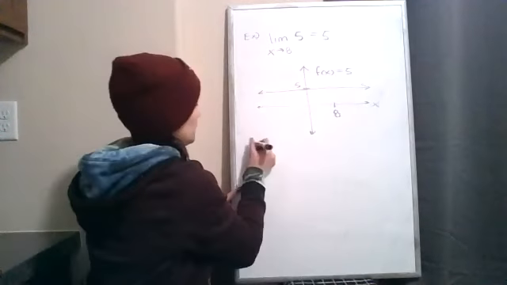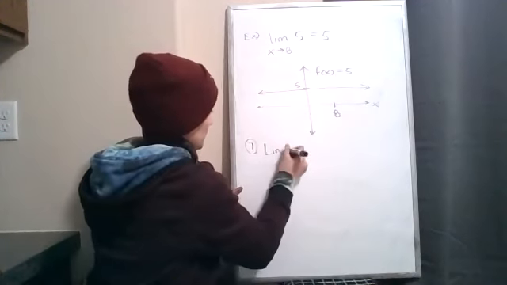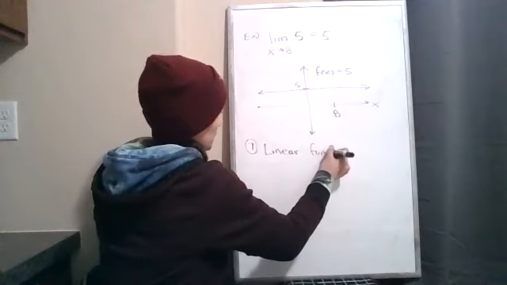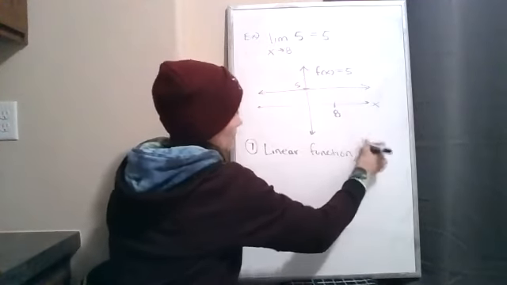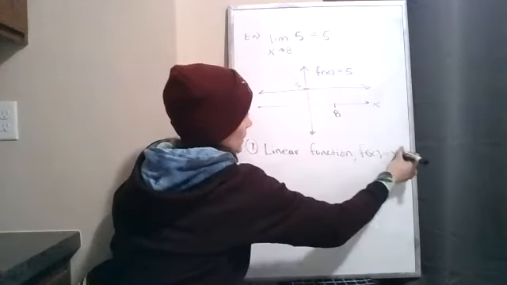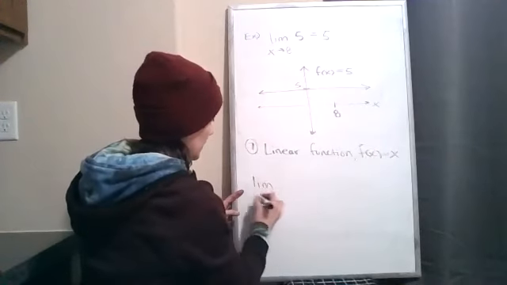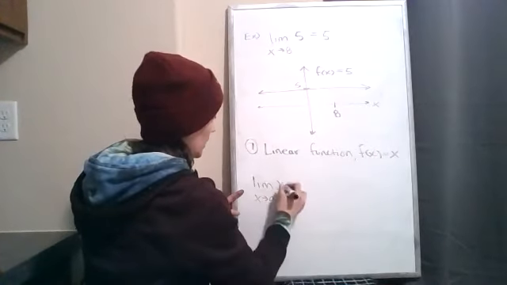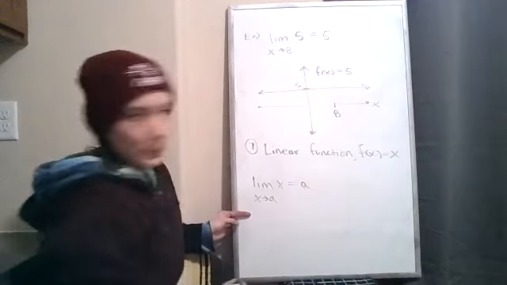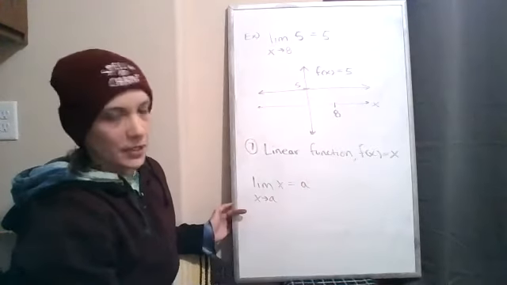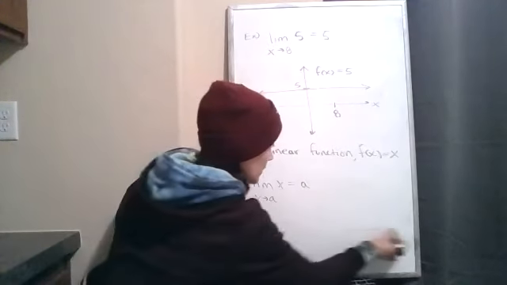Number 7. Linear function. We have f of x equals x. The limit as x goes to a of x equals a. We'll draw a picture. You've got your x values here.